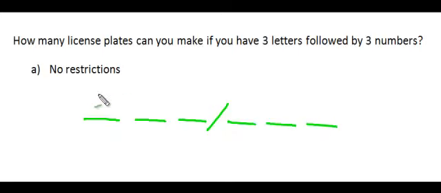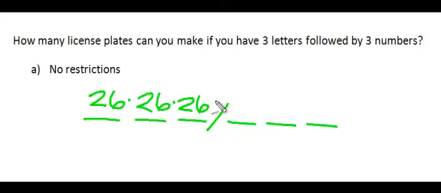For letters, we have 26 letters that we can put in the first slot. We have 26 letters we can put in the second slot, and 26 letters we can put in the third slot. And we would just multiply those together to give us the number of choices.